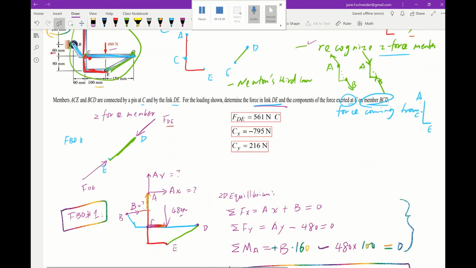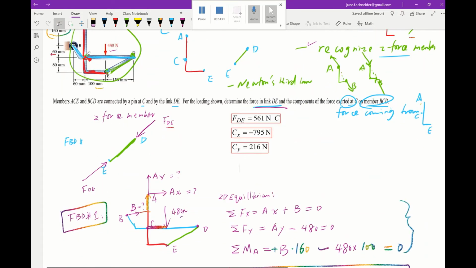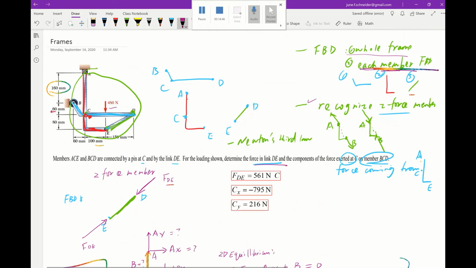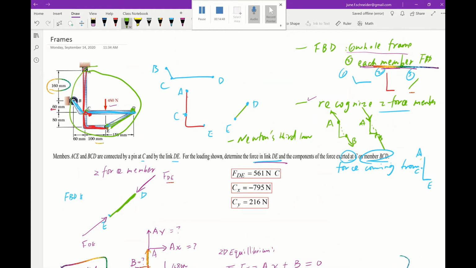At A is a pin support, and do we already know them? So that's actually another thing I want to add to our frames characteristics.